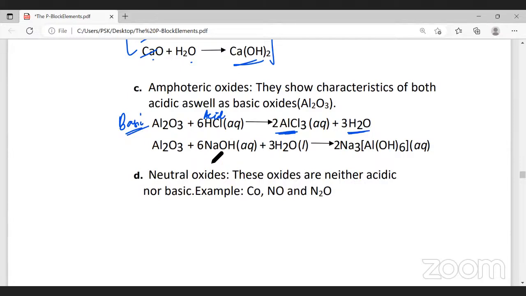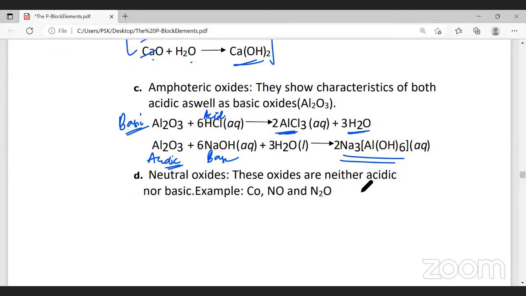And we know that sodium hydroxide is a very well-known base. When sodium hydroxide is allowed to react with alumina, Al2O3, we get a complex, sodium aluminate. And here clearly we understand that Al2O3 is behaving like an acid. So therefore, an oxide which is amphoteric in nature can behave like an acid as well as a base.